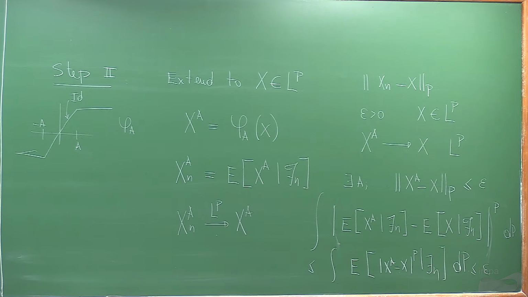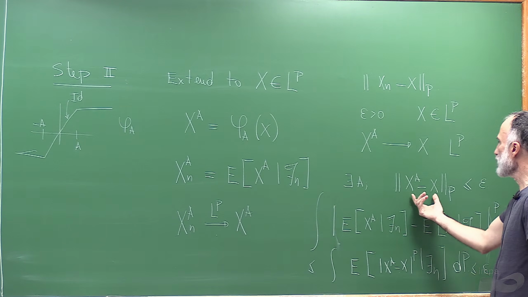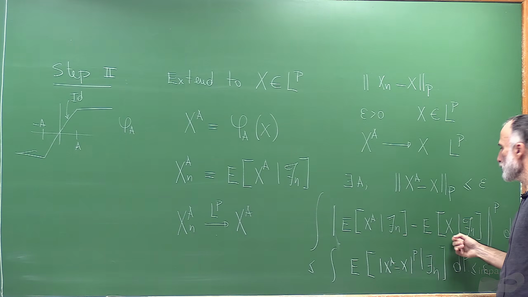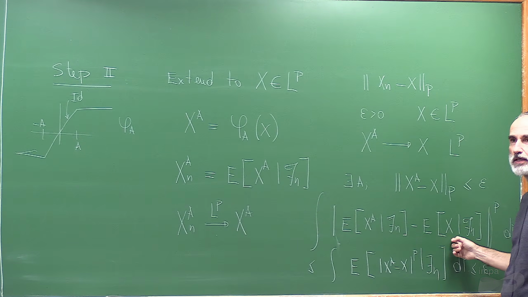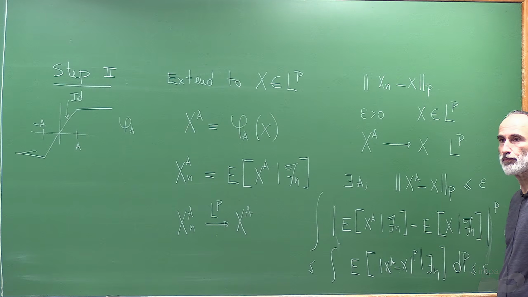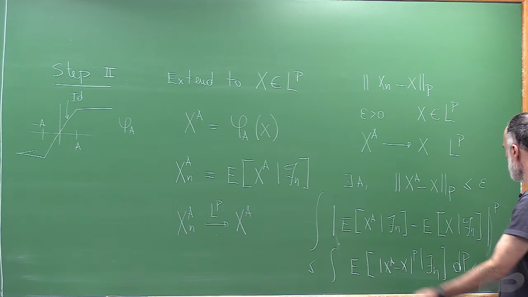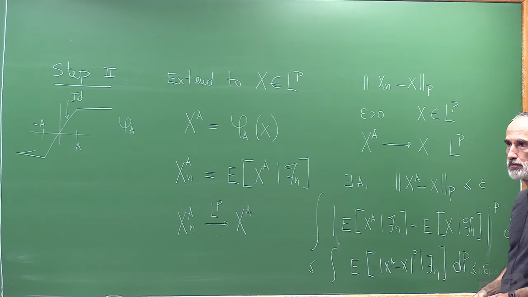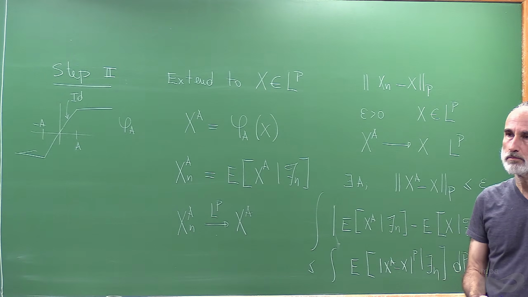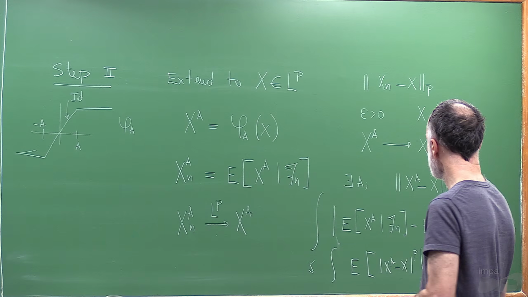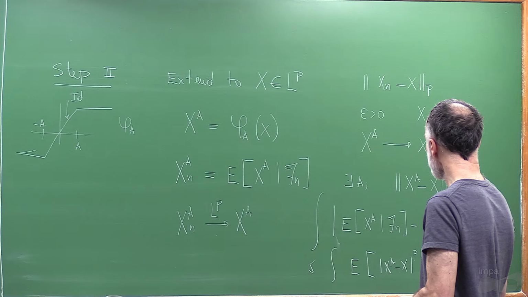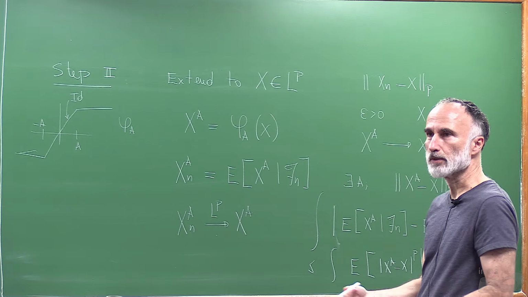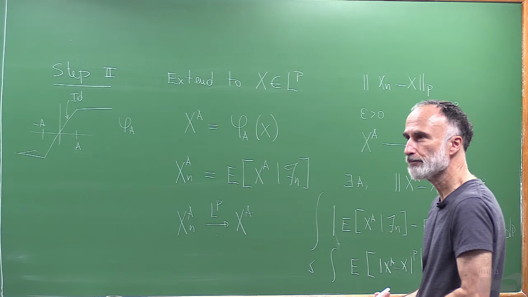So I have a control not only on xa minus x, but also on xn minus xan. Was that Holder or Jensen? Holder. We can use Holder, but Jensen is fine too.